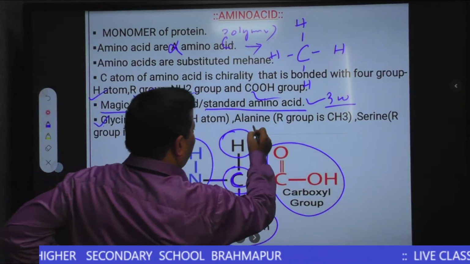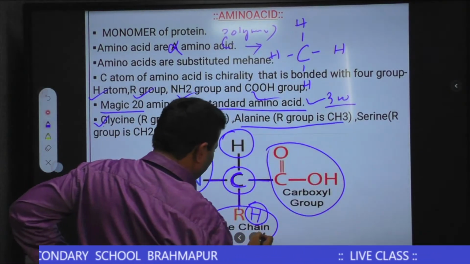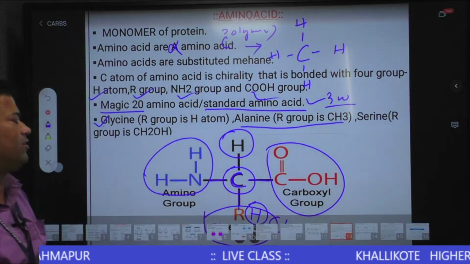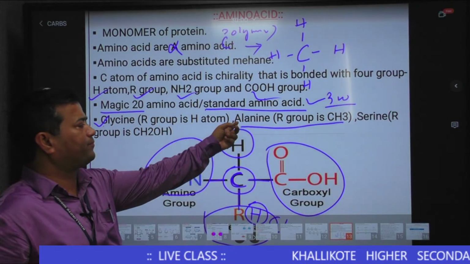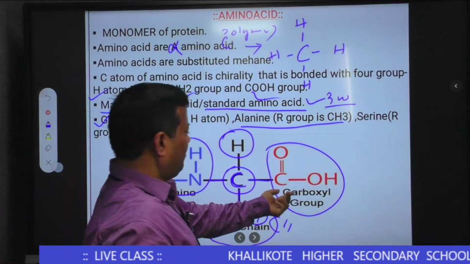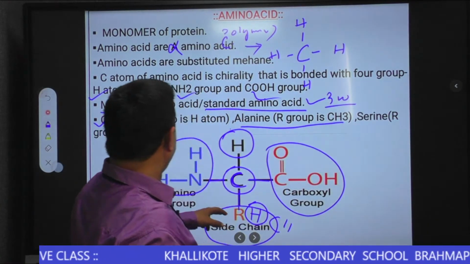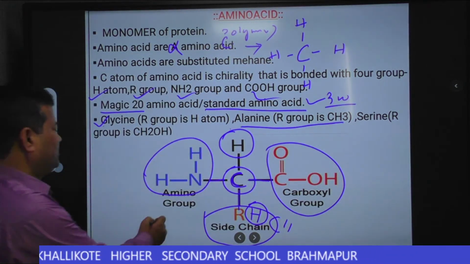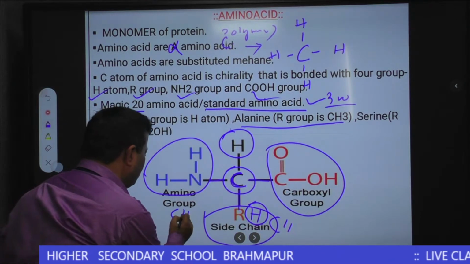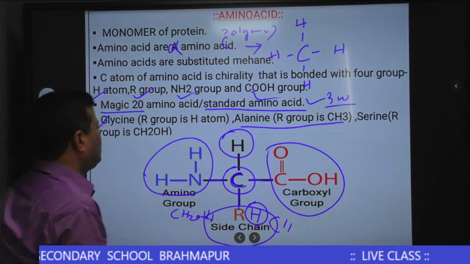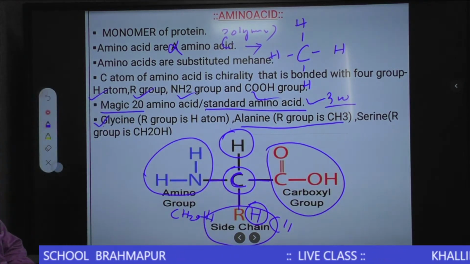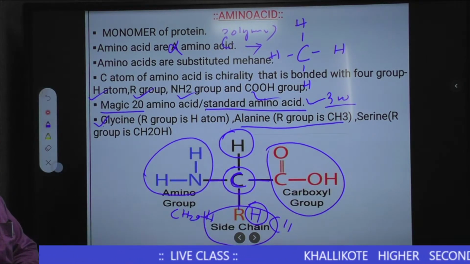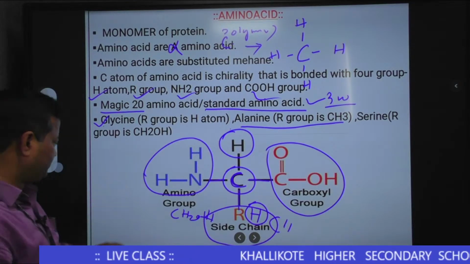When the alkyl group is a methyl, the amino acid is alanine. When the alkyl group is a methyl hydroxyl, CH2OH, the amino acid is serine. Serine is an alcoholic amino acid.